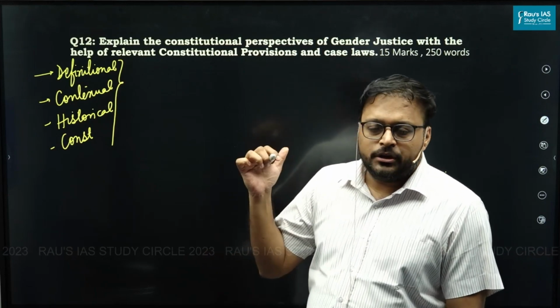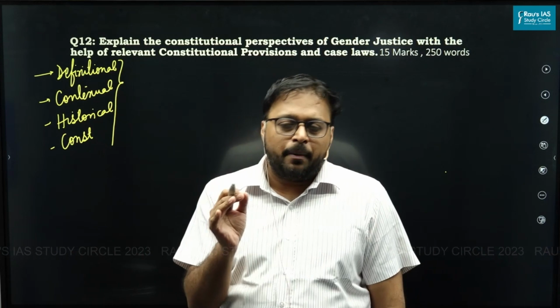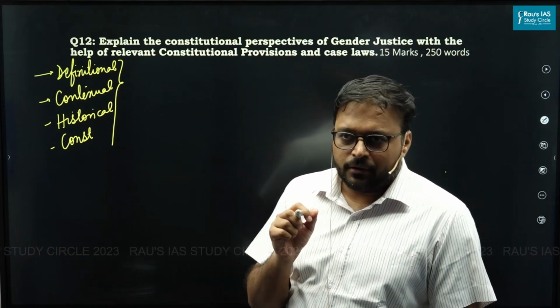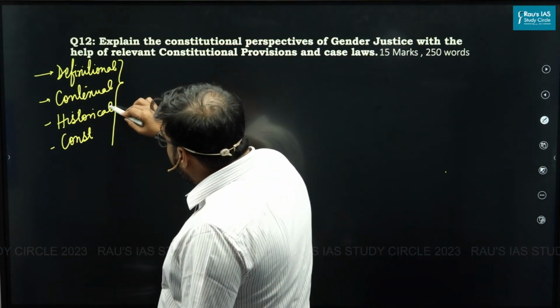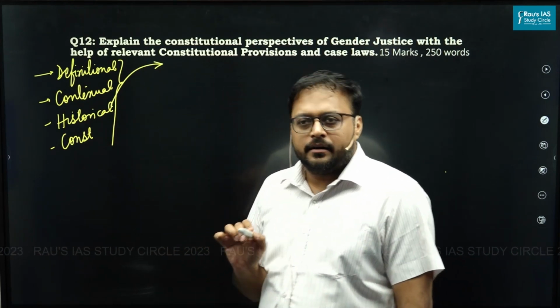Now in this question, I know that this question is very easy, but the difficult part is to introduce the question. So I think that it will be better to introduce it from the historical context.